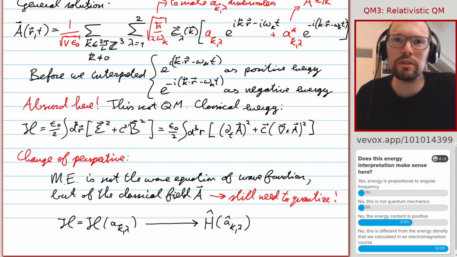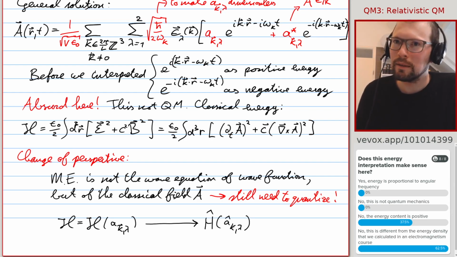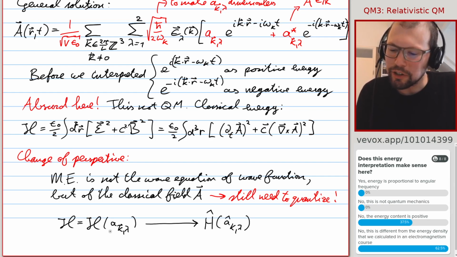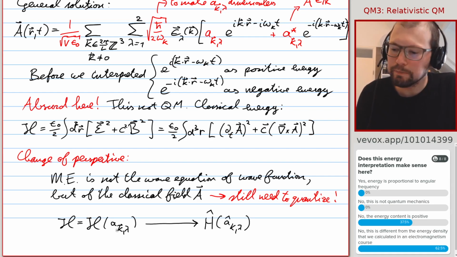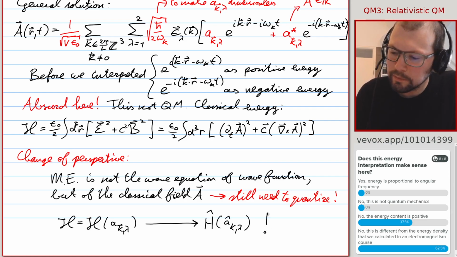So that's where we'll be going next week. And we'll make sure that this is a very well-defined operation by showing that this Hamiltonian in terms of these coefficients is nothing but an infinite sequence of simple harmonic oscillators that we perfectly know how to quantize. Okay.